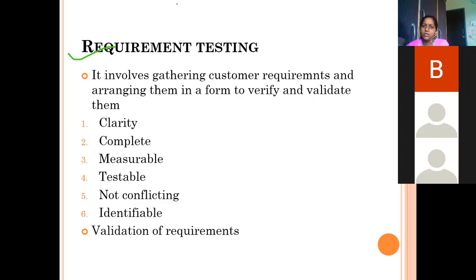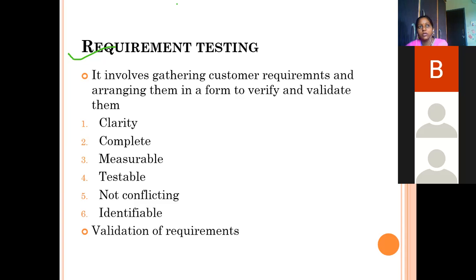Then operational is a simple one, like what kind of operations are involved at each stage, and then what will be the output of those operations. And the system requirements, of course: suppose you want a particularly configured machine only for this particular software.